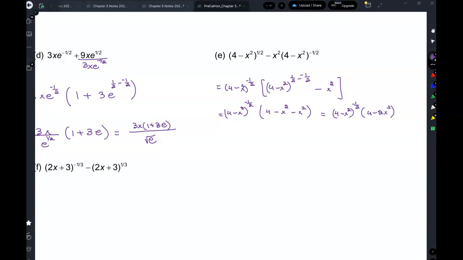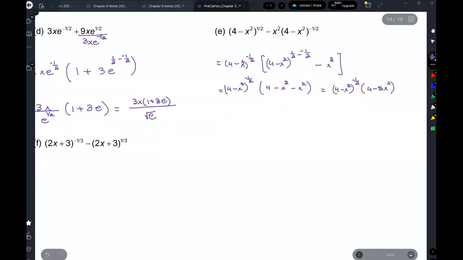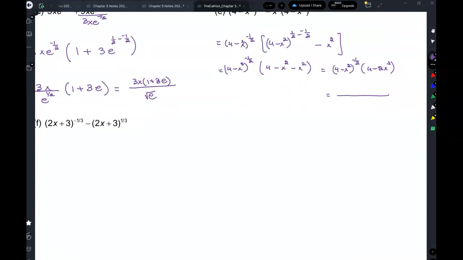But now this has a negative exponent. It's got to move down. So finally, this will be 4 minus 2x squared over 4 minus x squared to the power of 1/2. Okay, you can factor out a 2, but since it's not going to cancel any further, there is no point in doing that, so you don't have to go any more.